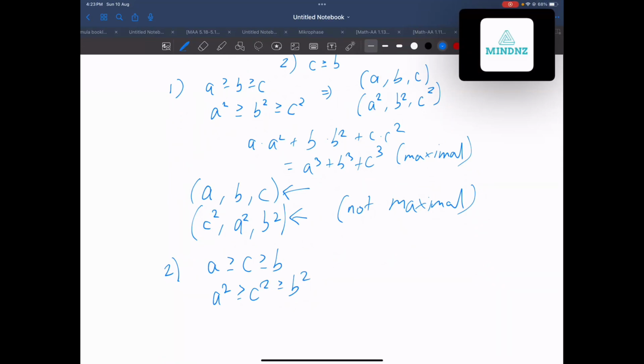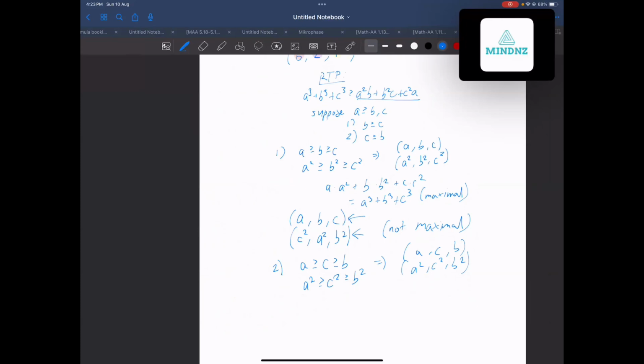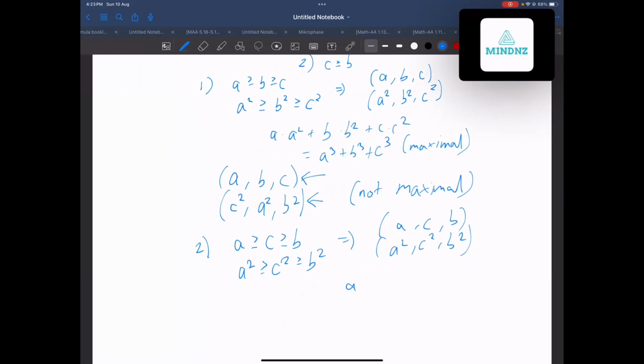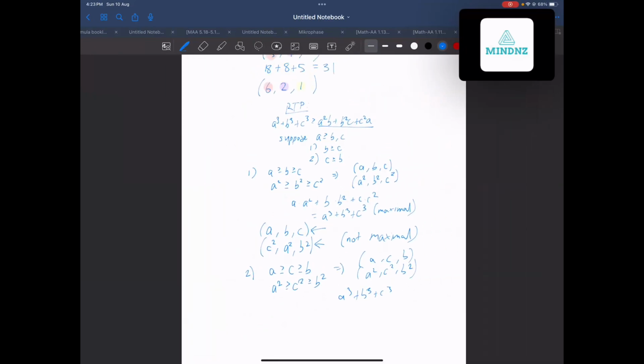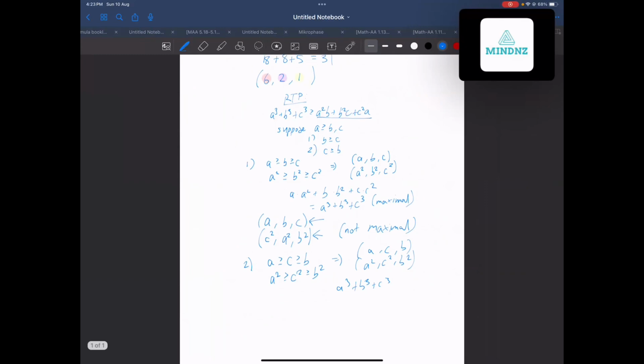We have the same logic as before. If we order it like this, a squared, c squared, b squared, and took the dot product, we would get a cubed plus b cubed plus c cubed, which is maximal. That's what we got on the left-hand side. Anything smaller than it will not be maximal, and the inequality should hold.